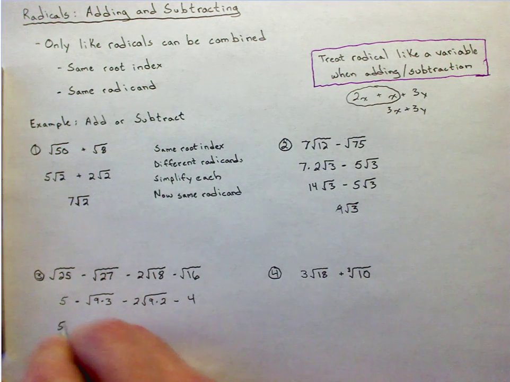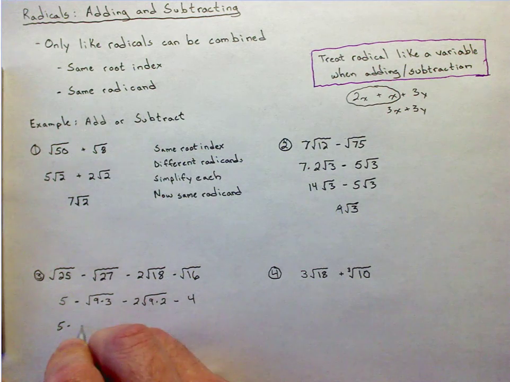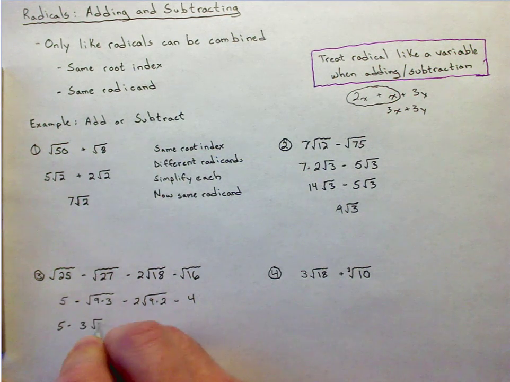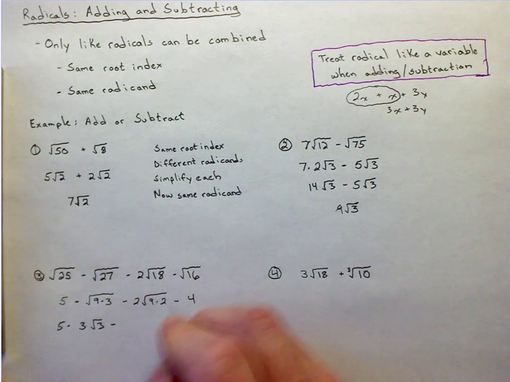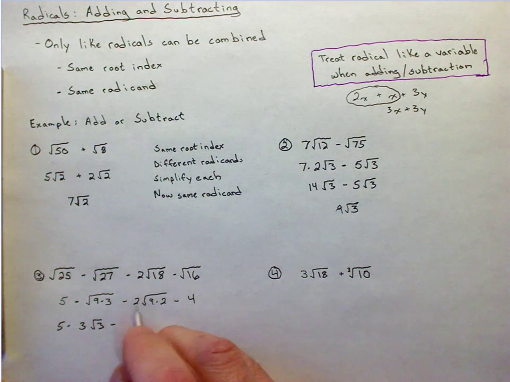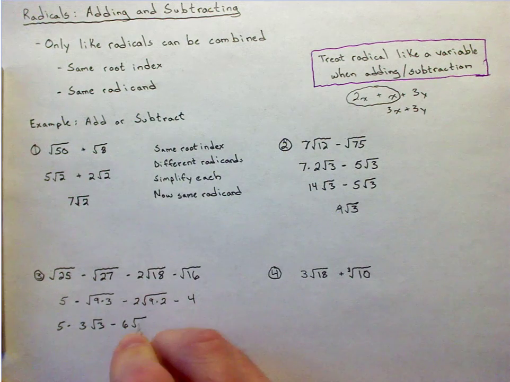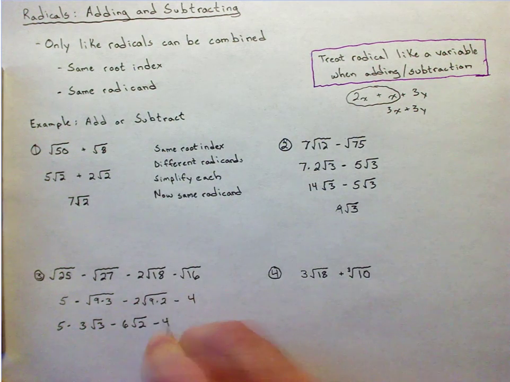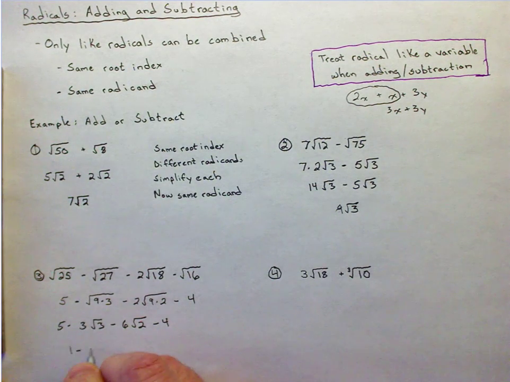So this is 5 minus, I can pull that 9 out, so there's a 3 radical 3 minus, and whatever I pull out I'm going to multiply it by 2. I can pull out a 3, so 3 times 2 is 6, minus 6 radical 2 minus 4. So what I have is 1 minus 3 radical 3 minus 6 radical 2. I cannot simplify these any further than what they are. So this is my final answer.